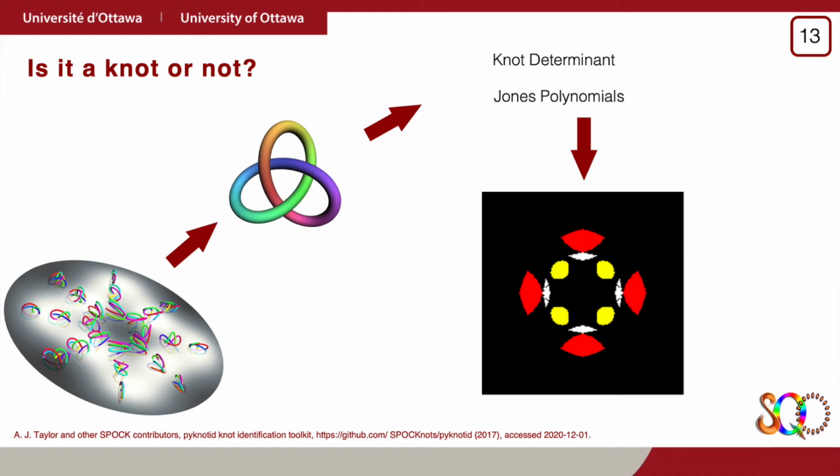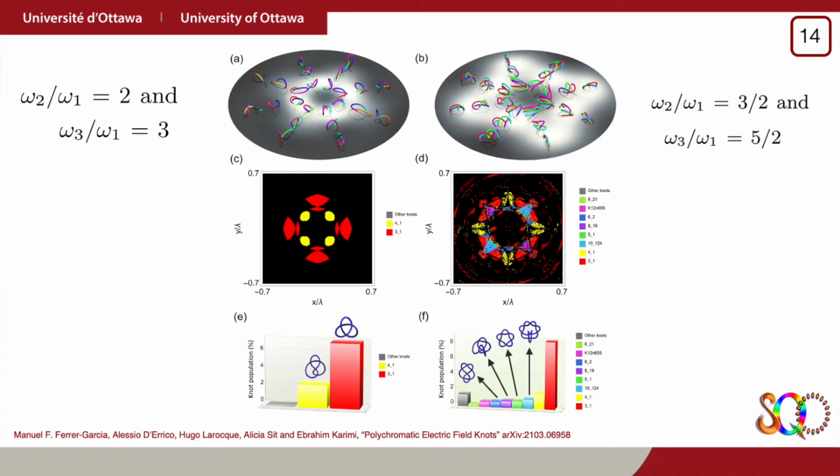We continue repeating this protocol for a large number of sample points, so it is possible to identify regions where the knotted curves exist. Here, we show some results for the cases in which the frequencies are related to each other by the first two sets of coprime numbers. The left column is the case when the frequencies are proportional to 1, 3, and 2 respectively, while the right column is the case when the frequencies are proportional to 2, 3, and 5.